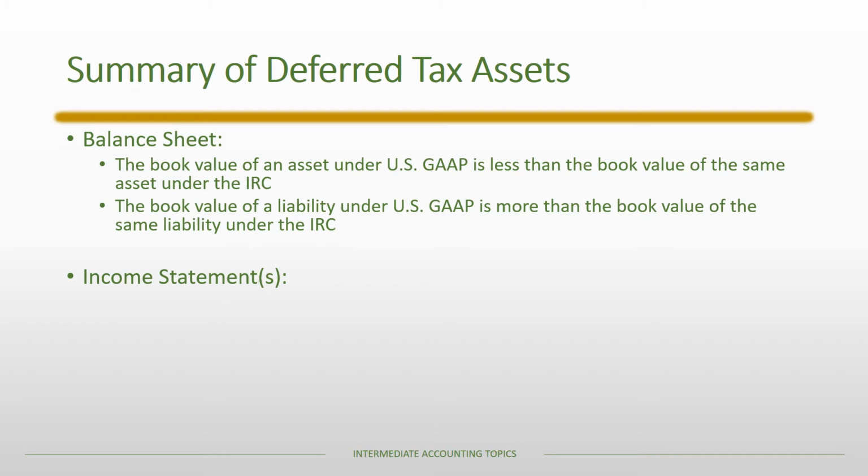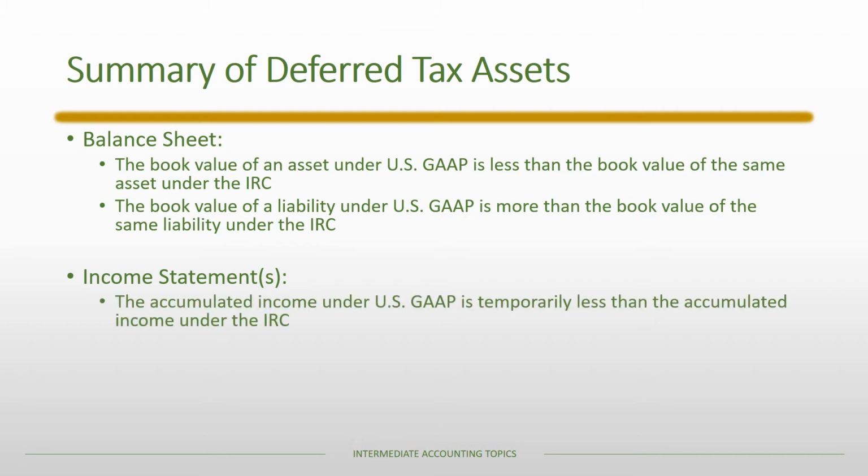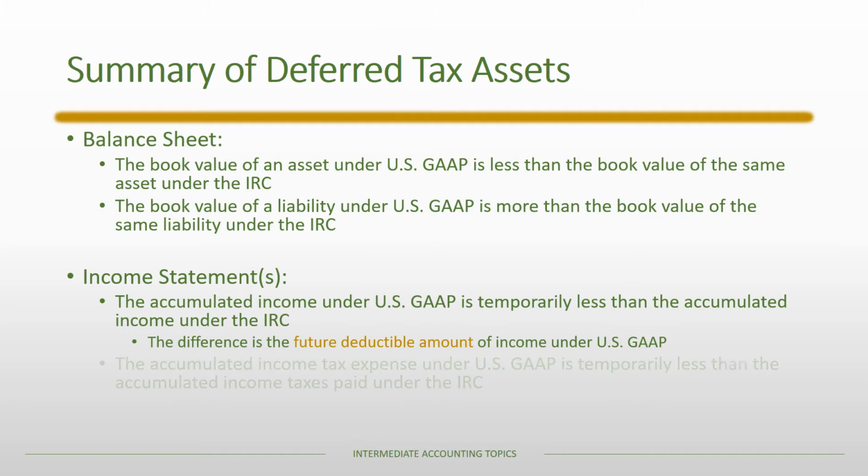Again, thinking about the income statements, the accumulated income under U.S. GAAP is temporarily less than the accumulated income under the Internal Revenue Code. This temporary difference is what's known as the future deductible amount of income. Thinking about the expenses, again, it's the opposite of a deferred tax liability.